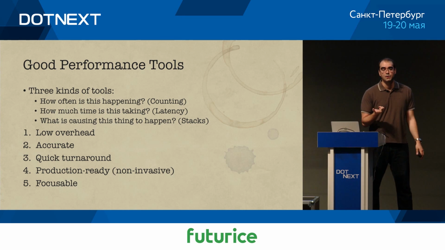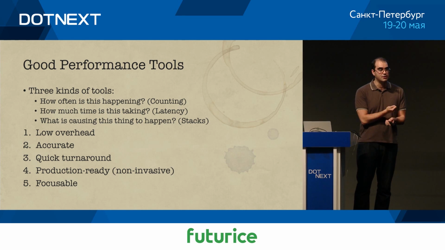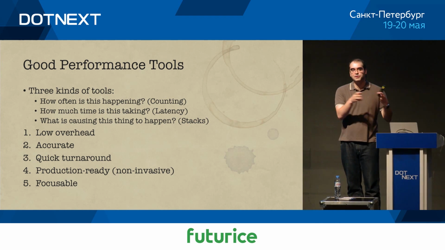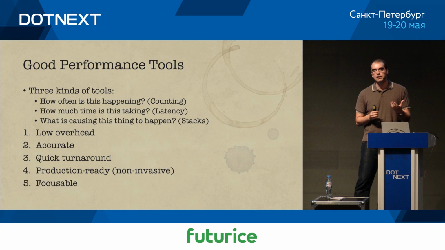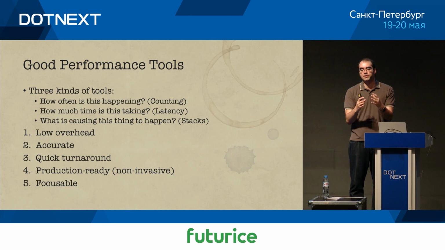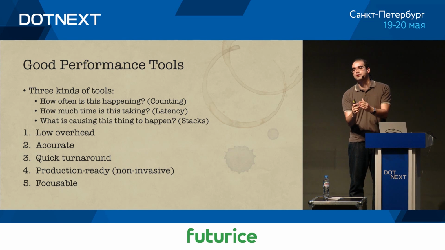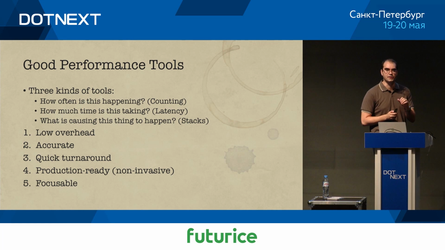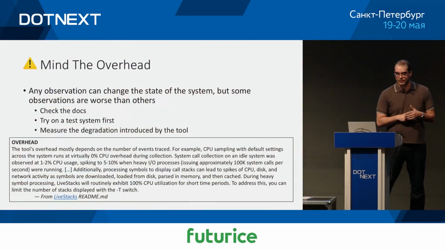Production readiness, which means you can run this tool on a production system and not just your development box. And I called it focusable here, by which I mean the ability to zoom in on a particular area, on a particular class, on a particular function, and not just look at a lot of raw data. These are the 5 qualities. So let's talk about them briefly.